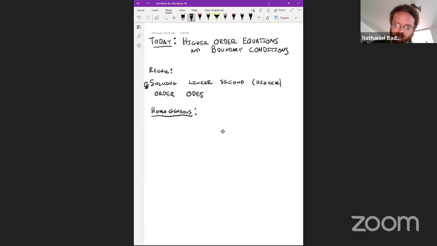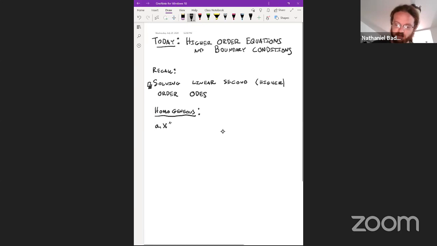So if we have A2 x double prime plus A1 x prime plus A naught x equals 0, this is your standard linear homogeneous second order ODE with constant coefficients, where these A's are real numbers.